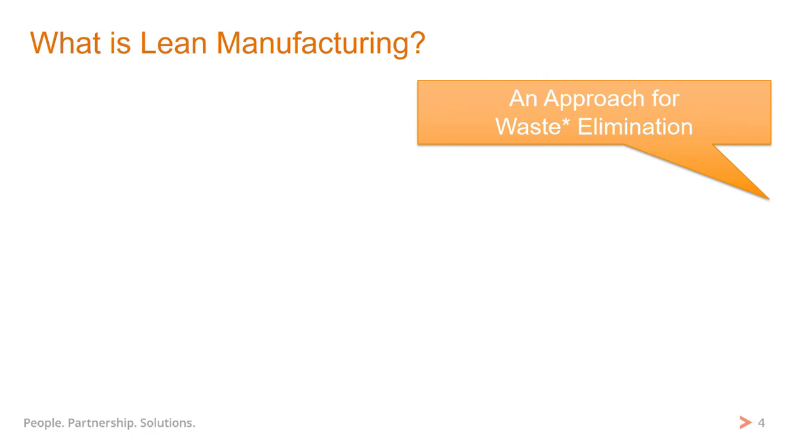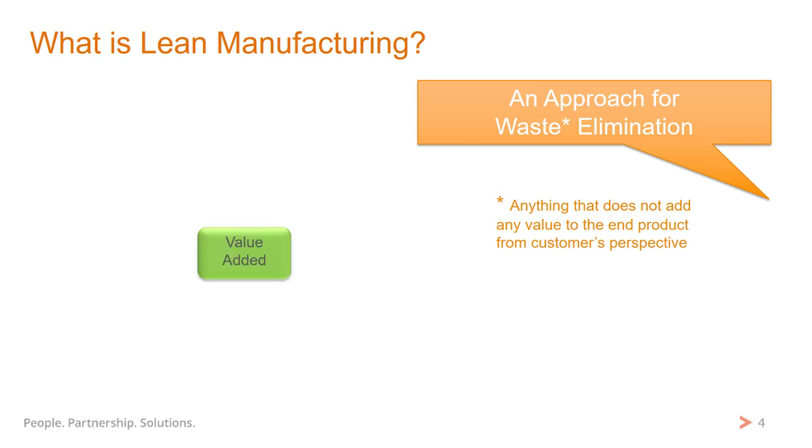Another way of looking at this is an approach for waste elimination, where we define waste as anything that does not add any value to the end product from the customer's perspective. So really the customer is looking for things which are value added relative to the raw product or maybe to a competitive offering.